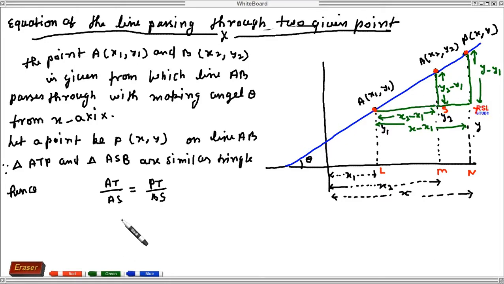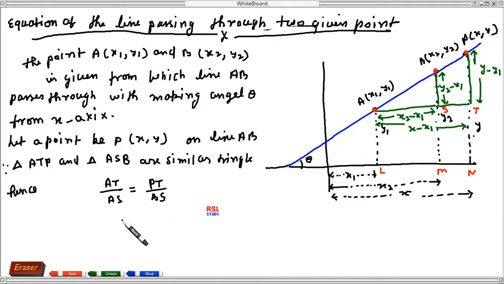Big base length, small base length, AT, AS. Similarly we will show vertically PT, the big length, and then BS, the small length. So PT by BS. This is big, this is small, big by small.